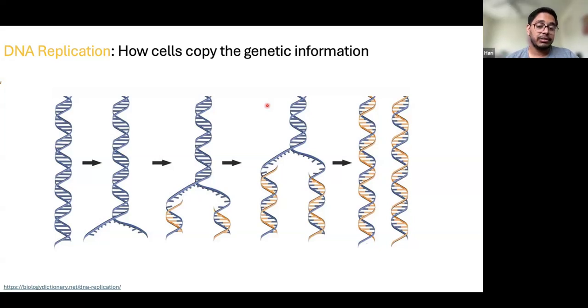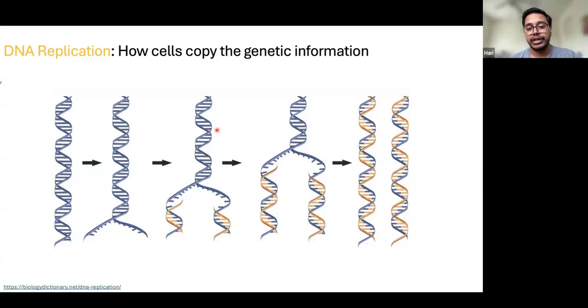So DNA replication becomes a very important process in which the genetic information is first copied and transferred into different cells, the daughter cells. There are many biomolecules that are involved in DNA replication.